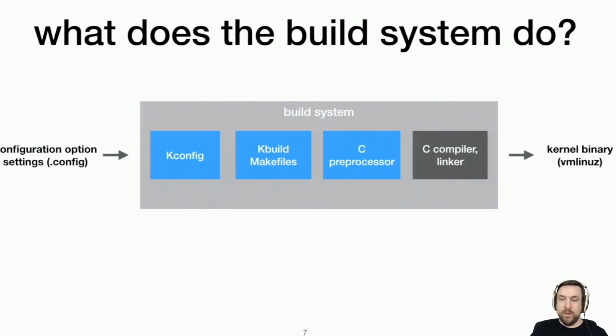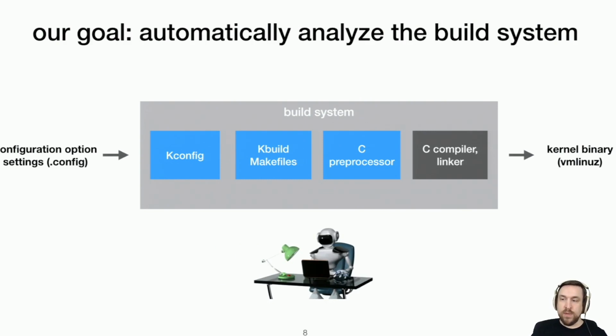Then Kconfig will pass along these option selections to the build system, which will pick which source files to use, and then to the C preprocessor, which will slice out individual lines of that source code. And finally, they'll hit the compiler and linker here to build the kernel binary. And our whole goal to helping maintainers work and trace through these steps of the build system is to use automated tooling that can help automate some of these challenges.